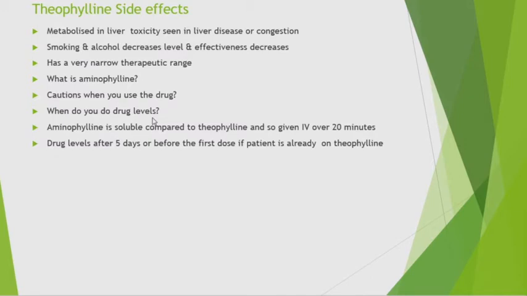And one peculiarity of this drug is that if you smoke or consume alcohol, the level decreases and effectiveness decreases. It will not be effective if you continue to smoke. And it has a very narrow therapeutic range. What is therapeutic range? Narrow therapeutic range means what? This is the range in which the drug should stay in the blood to cause the expected outcome.